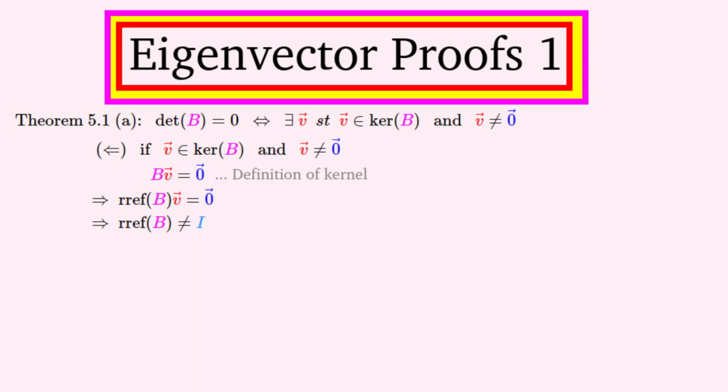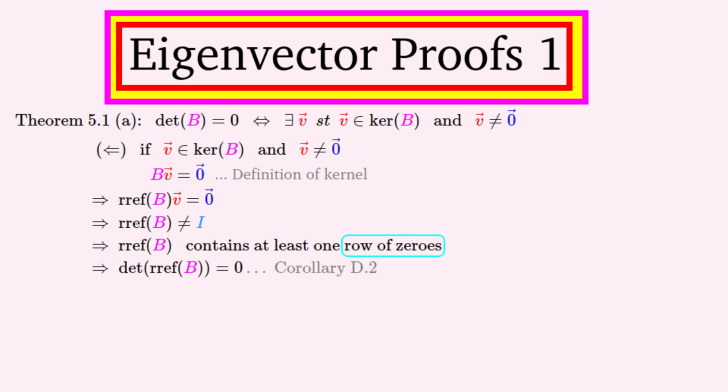This means that this matrix can't be equal to the identity. And because it's a matrix in reduced row echelon form, and it's not the identity, then it must contain a 0 row. So the determinant of a matrix in reduced row echelon form that isn't the identity is 0, because it contains a 0 row, and this applies to matrices that have 2 or more 0 rows.